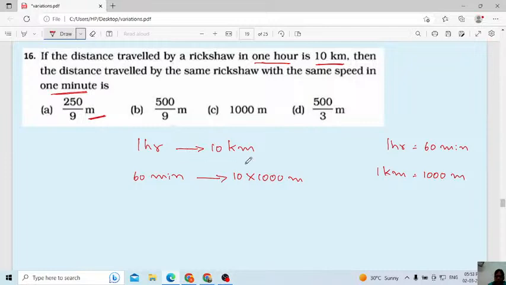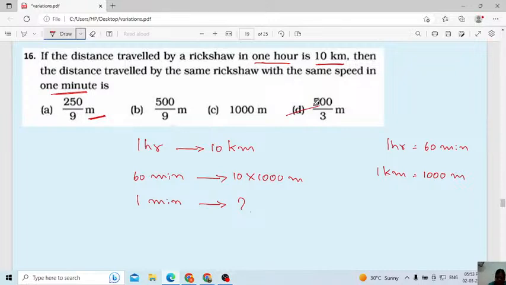I converted 10 kilometer in terms of meter. Then they are asking for 1 minute. How much? Cross multiply, you will get the answer. Very easy question. Option D is the correct answer. Yes, Jaya. Option D is the correct answer.